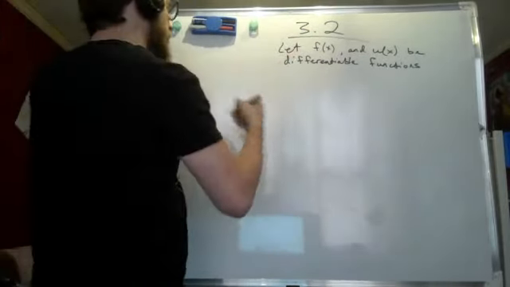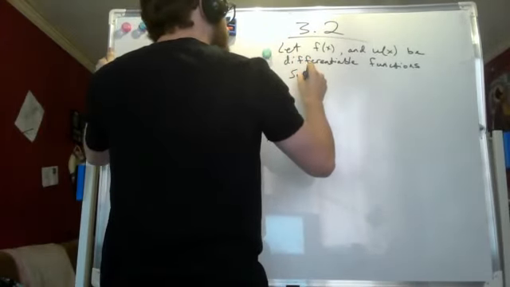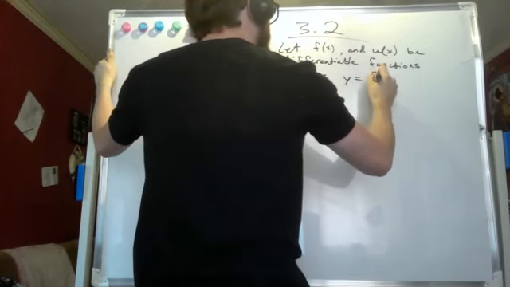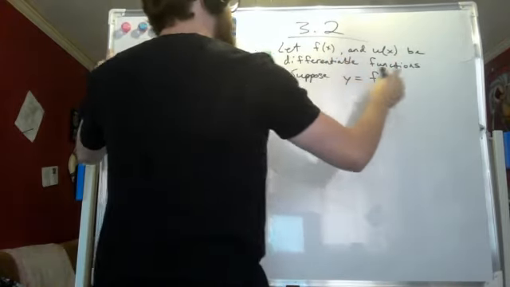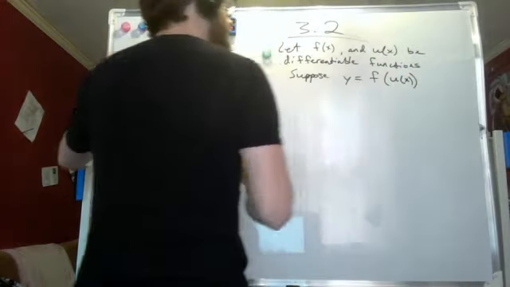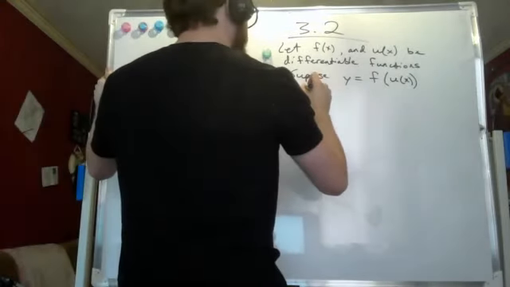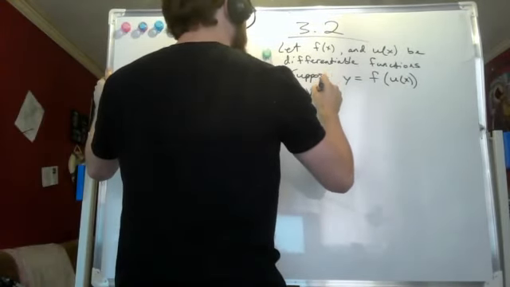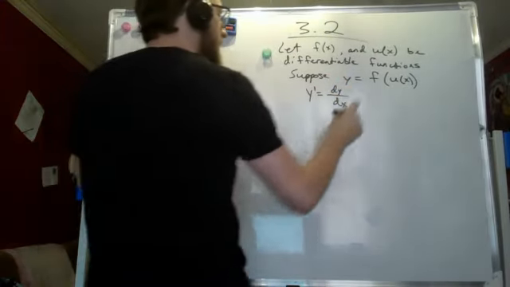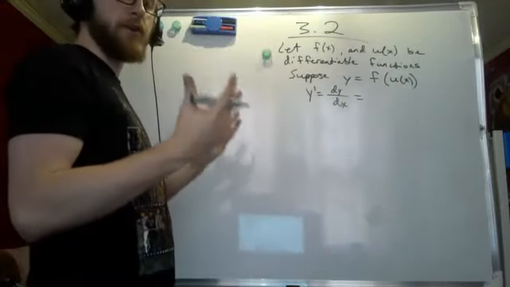So, chain rule. What are we talking about here? Suppose y equals f of, but instead of x, what if I have a function inside of a function, f of u of x? So what's the derivative here? Then y prime, which is the derivative of y with respect to x, dy dx, is equal to, you're going to take the derivative of the outermost part first.